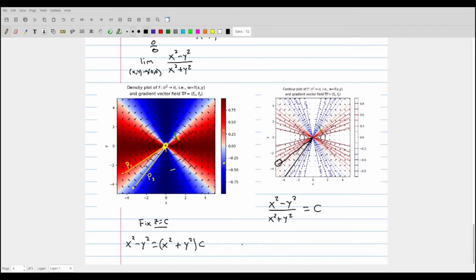Which can be rewritten as x squared times 1 minus c, and it's going to be minus 1 plus c times y squared equals 0.